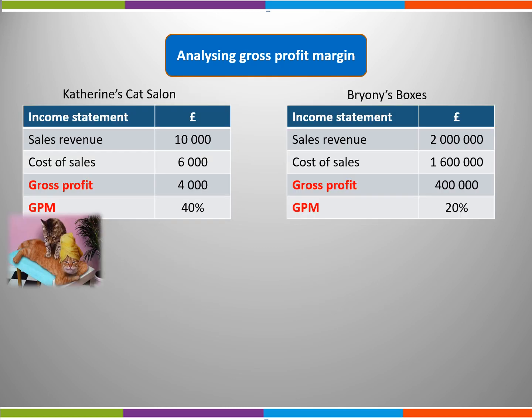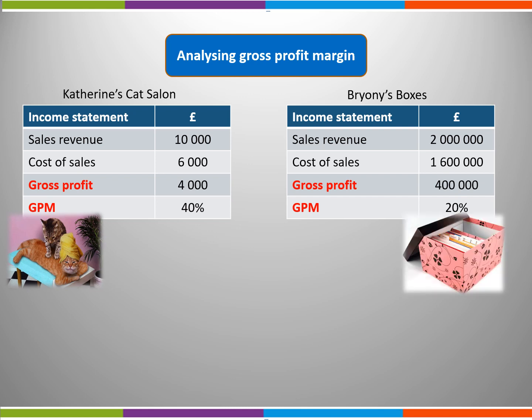Catherine's Cat Salon has revenues of £10,000 and a gross profit of £4,000, making a gross profit margin of 40%. In comparison, Bryony's Boxes has a much higher sales revenue and gross profit. However, her gross profit margin is lower at 20%. This means that Catherine makes more gross profit for every £1 of sales revenue.